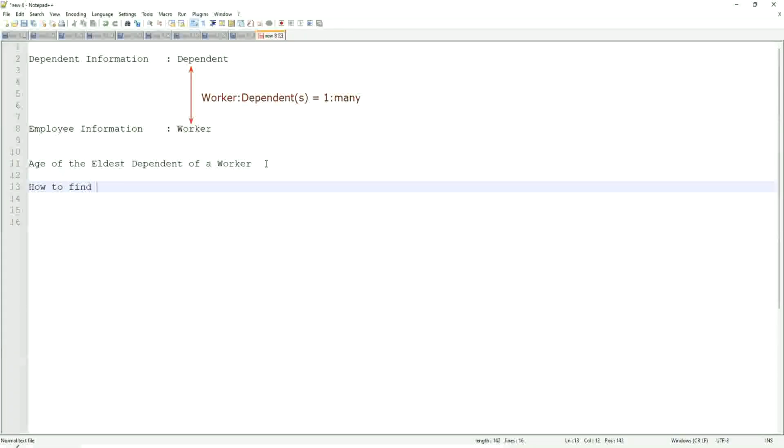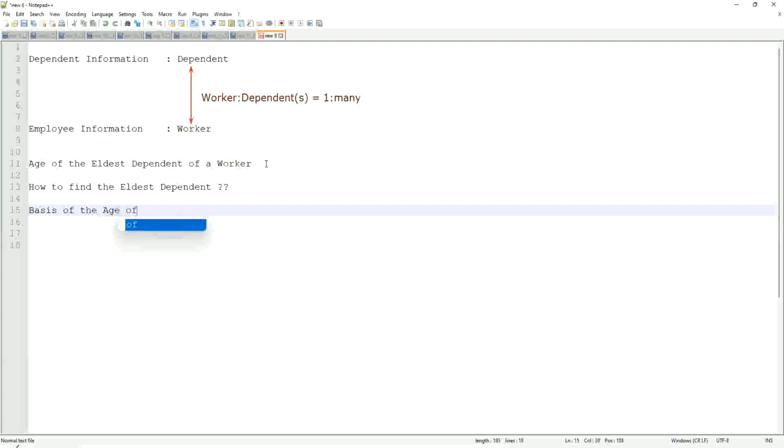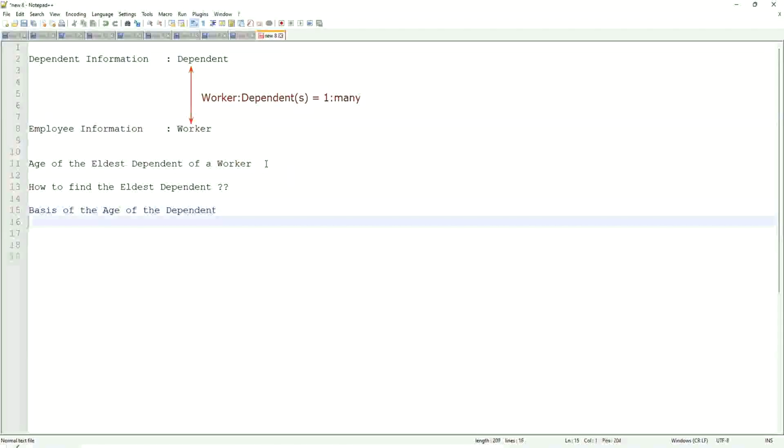If I say how to find the eldest dependent, first of all, we will find it on the basis of the age of the dependent. Correct. And then if I'm going to find the eldest, what can I do? Can I sort it in some manner and then take one? Let's say you have the age like 10, 15, and 42.